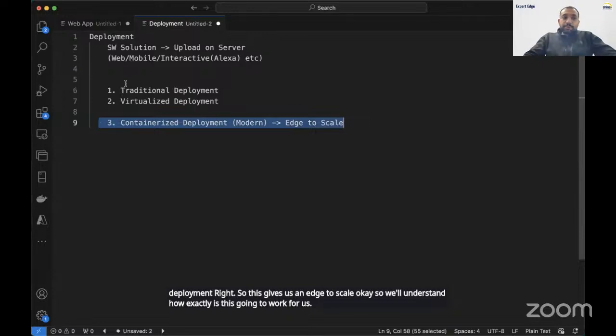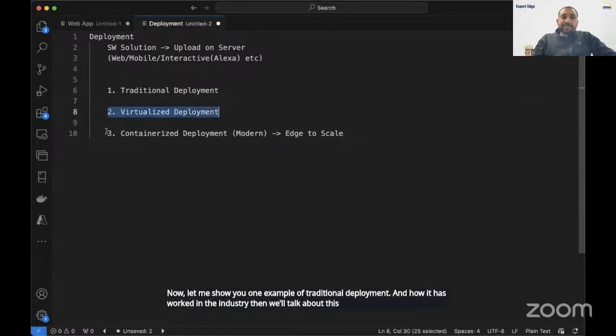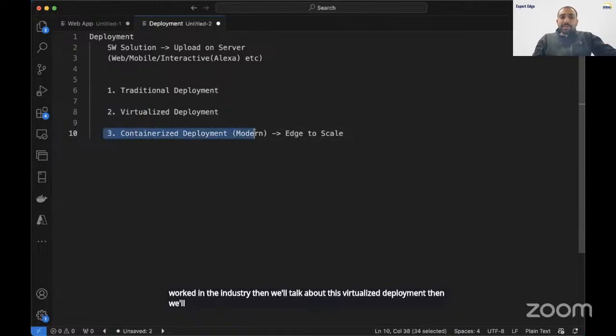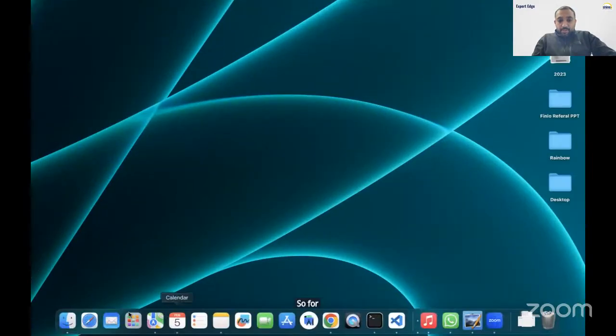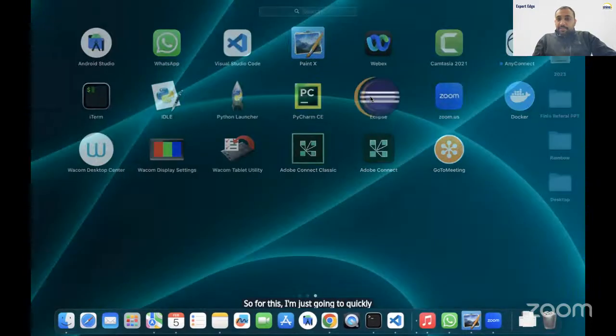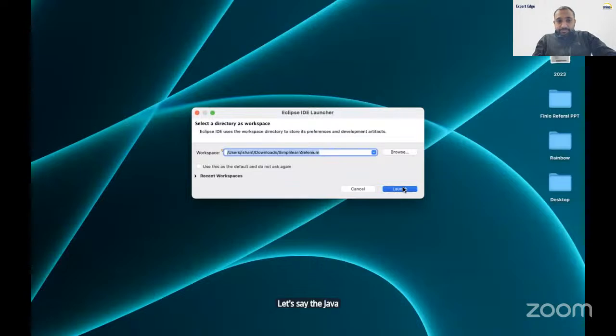Now, let me show you one example of traditional deployment and how it has worked in the industry. Then we'll talk about virtualized deployment. Then we'll understand how containerized deployment is going to help us with scalability. So for this, I'm just going to quickly open a traditional application, let's say a Java application.